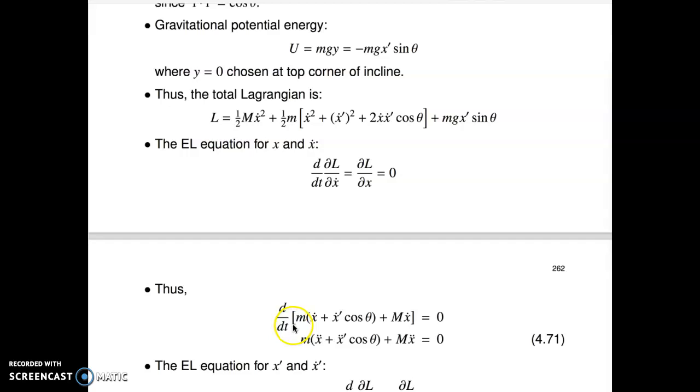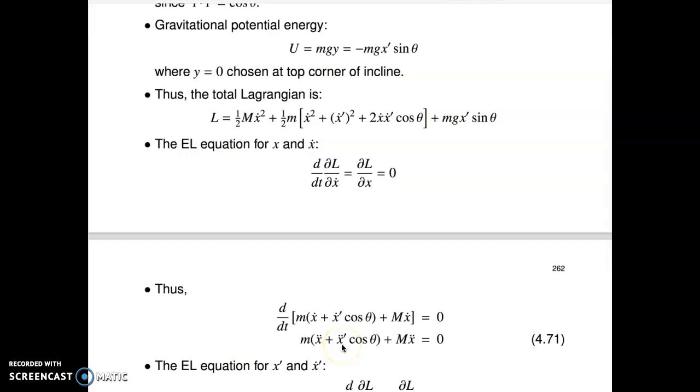Therefore, the time derivative of, now you have to calculate the derivative of the Lagrangian with respect to x dot. There's an x dot, there's an x dot, there's an x dot. So there are three places where you see x dot. Okay, so take that derivative and then take the time derivative, and you end up with this.